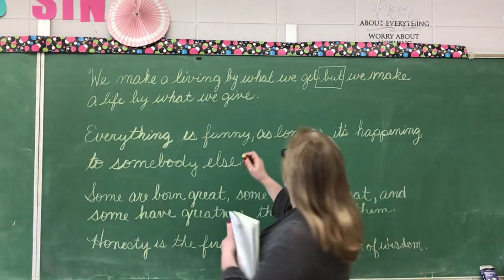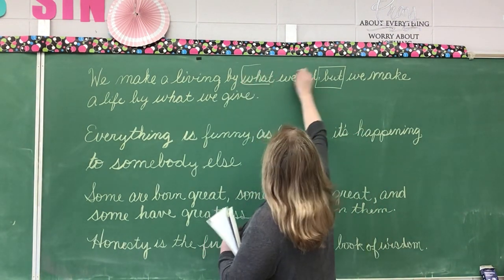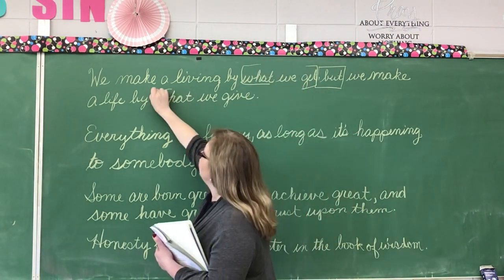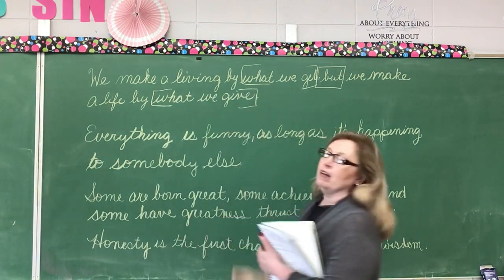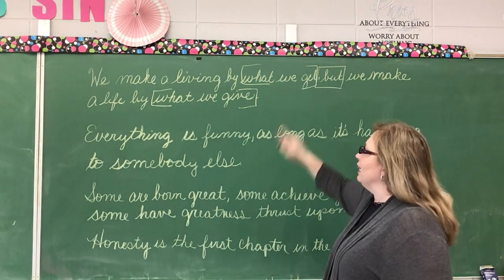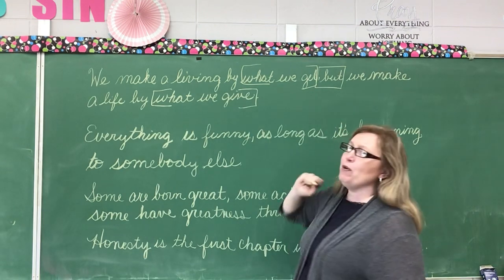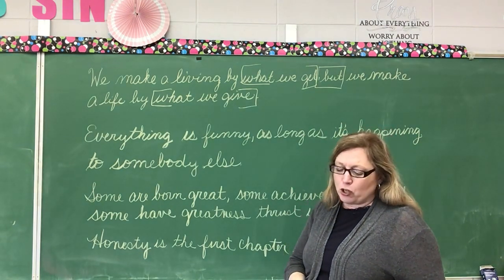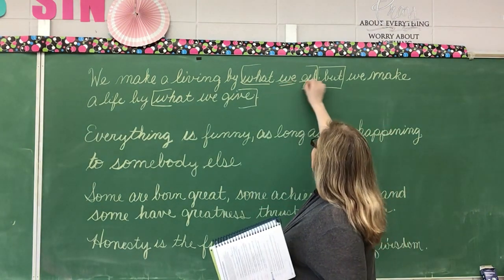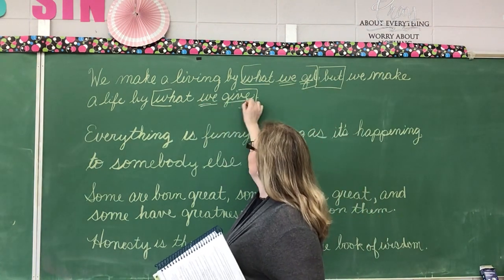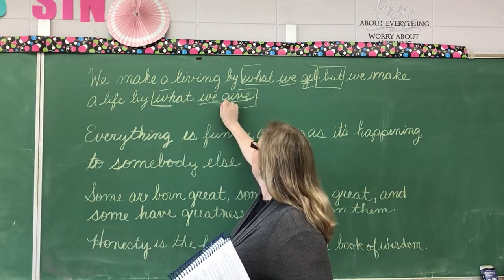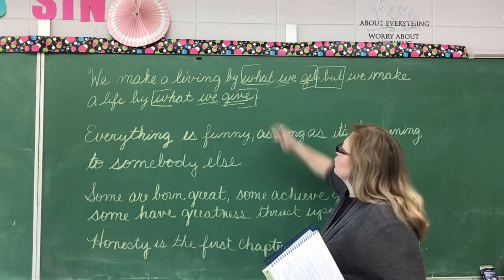By what we get is a clause, and what we give is a clause. Look inside there, and do you have a subject and a verb? Of course you do. It is we get, we give. I did that backwards, didn't I? Okay, there we go. All right, so now we have our subjects and verbs.